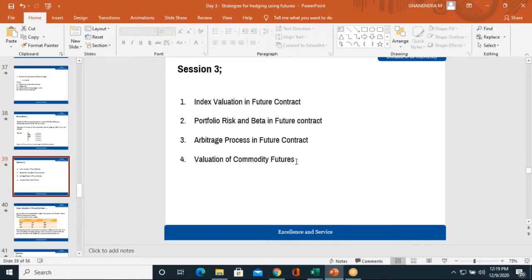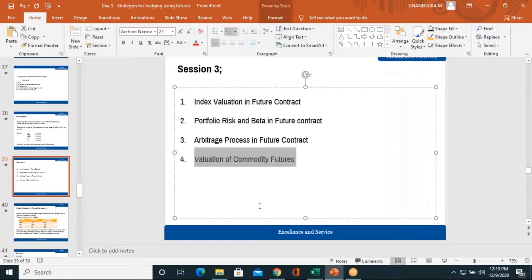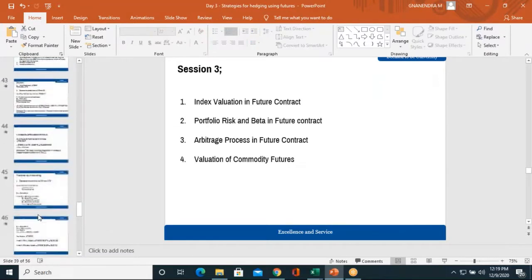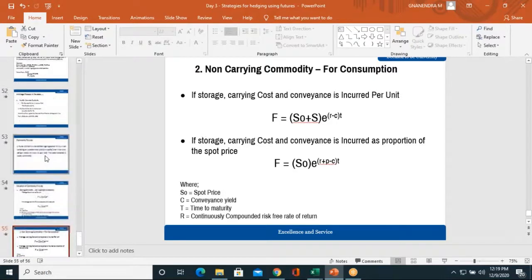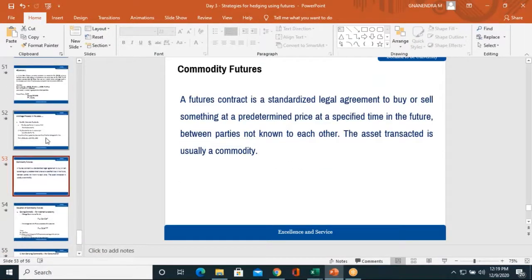I think I need to finish by 12:45. If the coordinators give permission to go ahead, I will touch upon the last part of the commodity futures, so that in the afternoon session I can finish a little early. Sir, is it fine, or do you want me to break now itself?